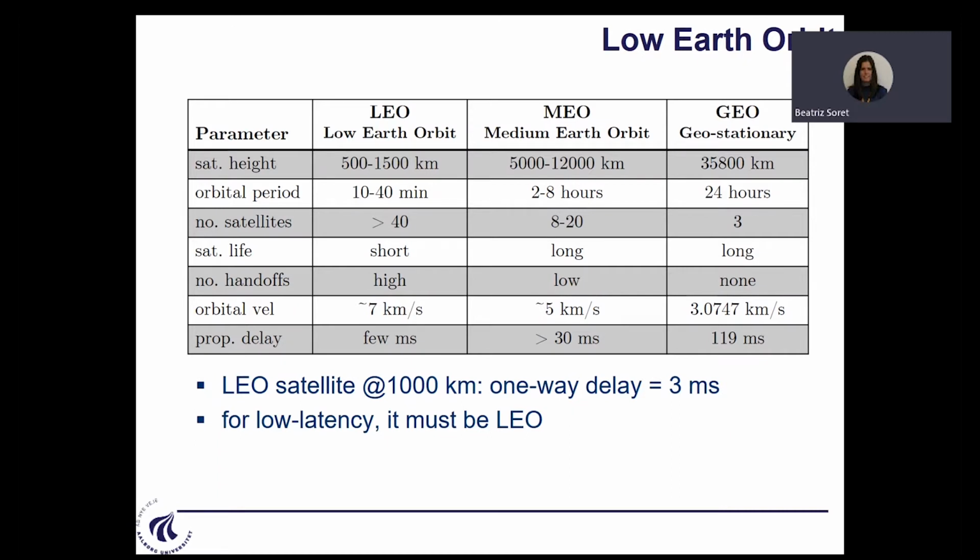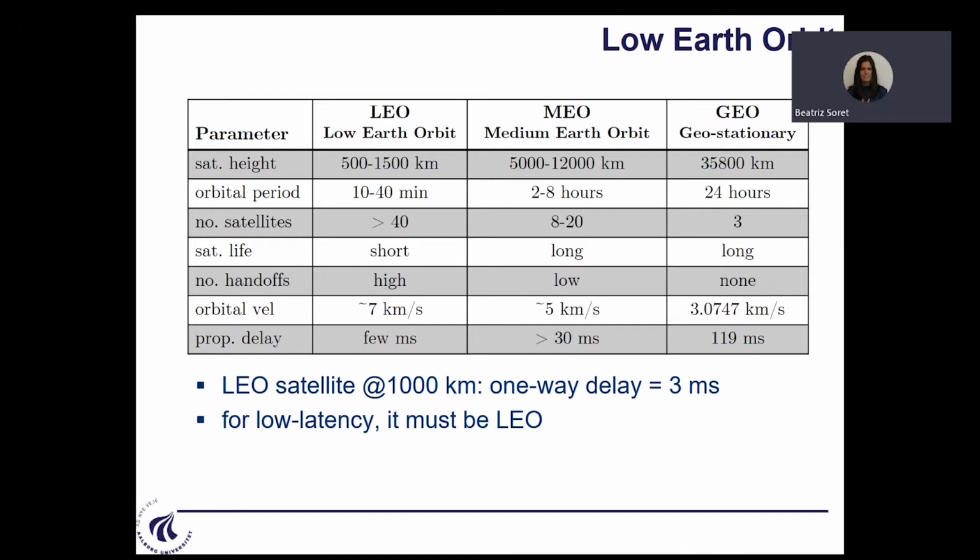And then because the satellite that is serving you changes all the time, it's a challenging communication network. The big advantage of going to low orbits is the latency, because one of the limitations of traditional satellite communications is the latency, because you have the propagation delay that you cannot do anything about. That's physics. We cannot optimize anything there.